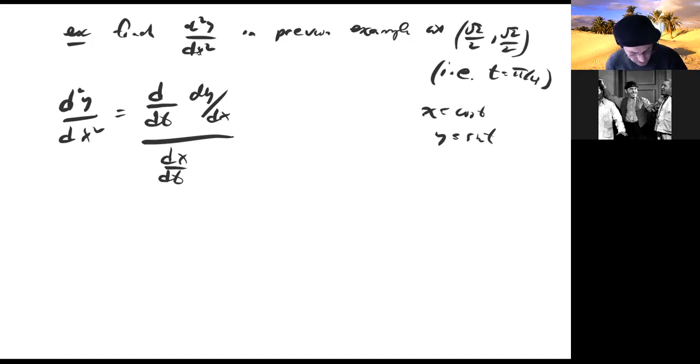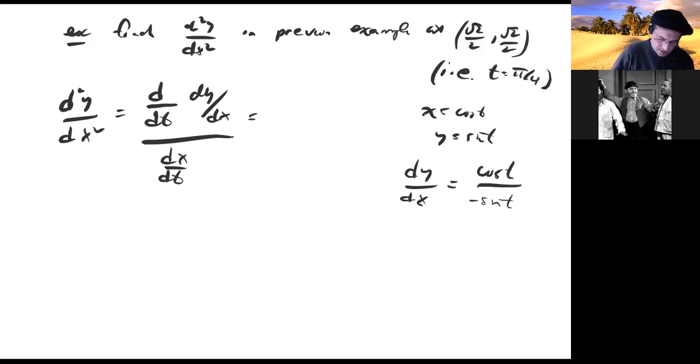And dy dx in the previous example was cosine of t over the negative sine of t. Now you could think of that as the negative of the cotangent, but we could also compute the derivative directly. We have to compute the derivative with respect to time of this.